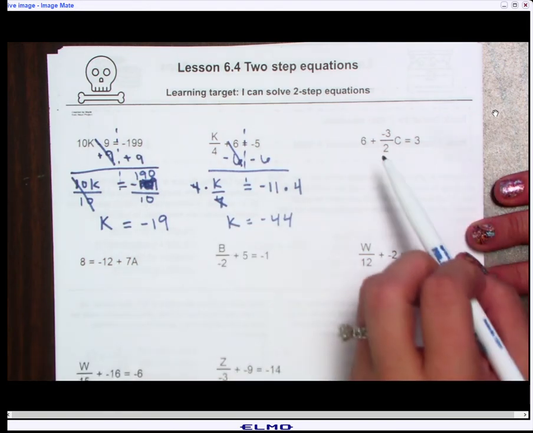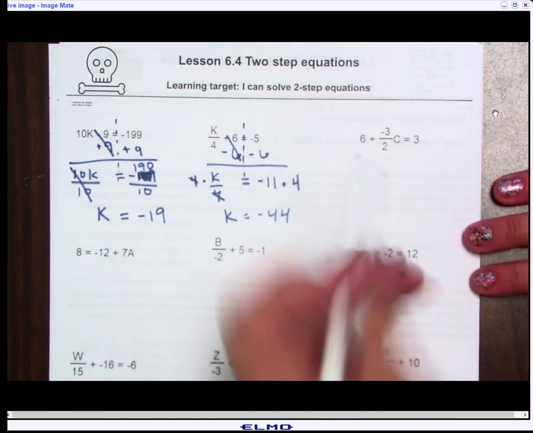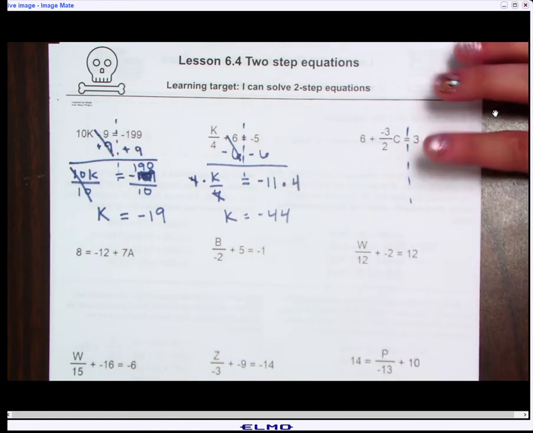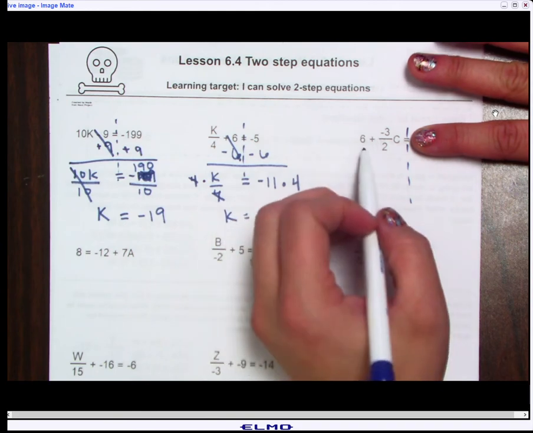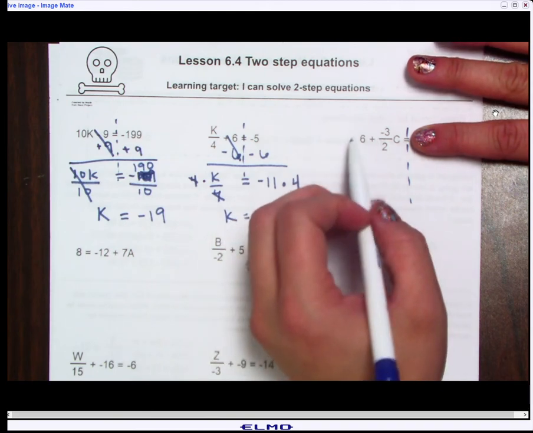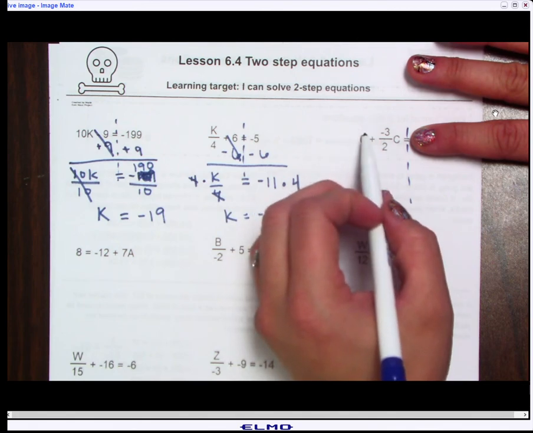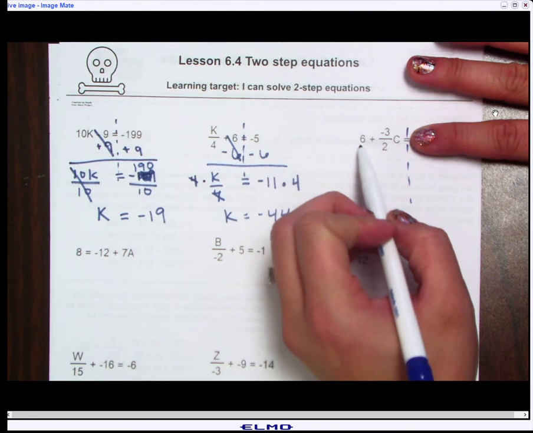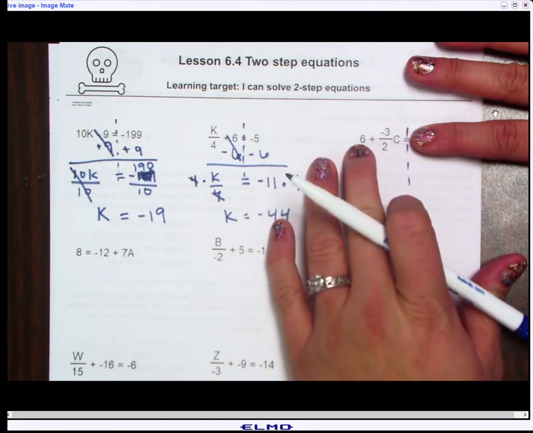Okay. Let's take a look at this guy. So, drawing my fence, covering up the side that doesn't have the variable. I'm going to add or subtract first. I look here. This 6 is what I want to decide to do. This plus sign belongs to this fraction. It does not belong to the 6. I need to say to myself, is the 6 positive or negative?